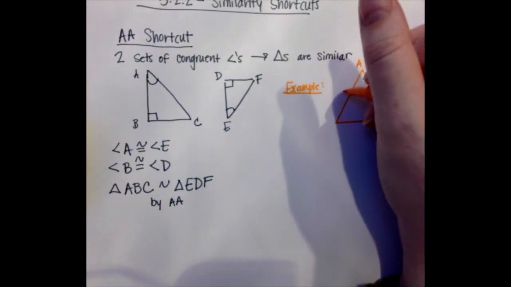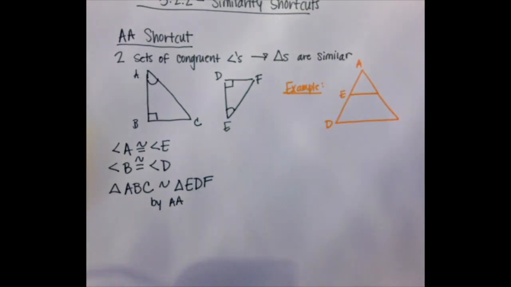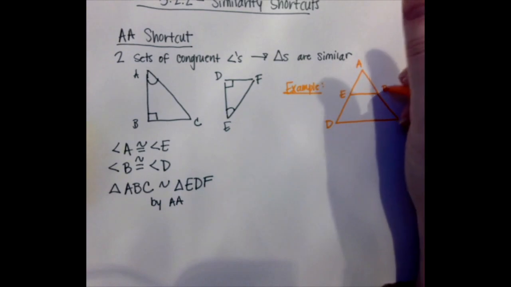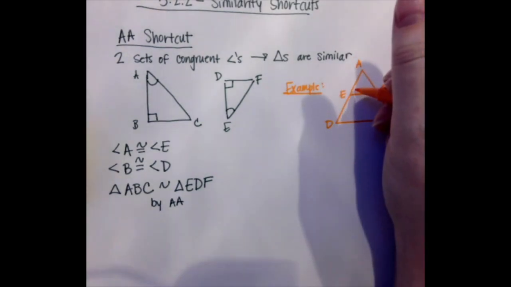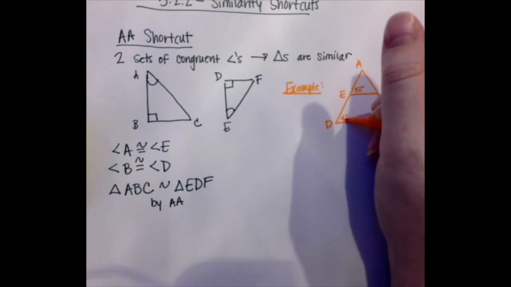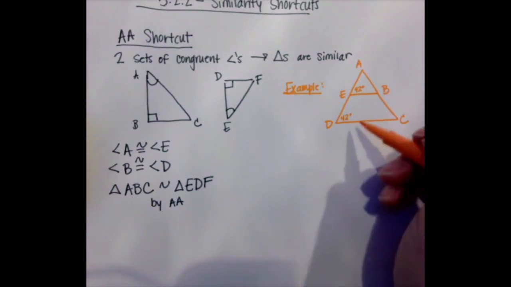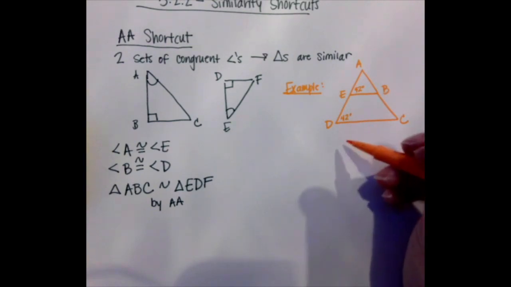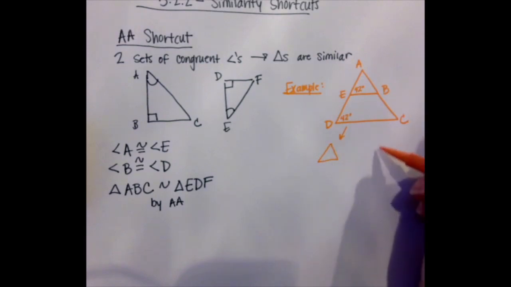And we have A, E, D, B, and C. And we know that this is 42 degrees and this is 42 degrees. And so basically you can break this up into 2 triangles if you would like. It's the smaller of the 2 and then the larger of the 2.